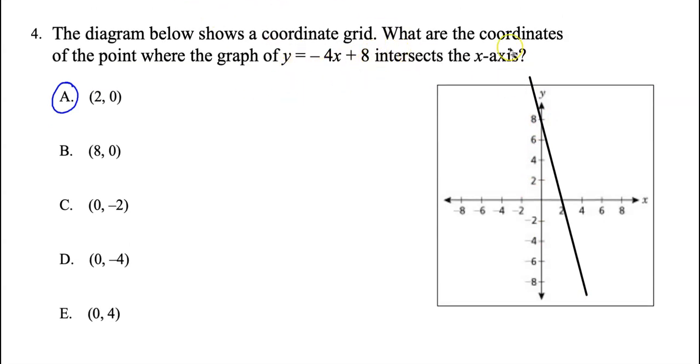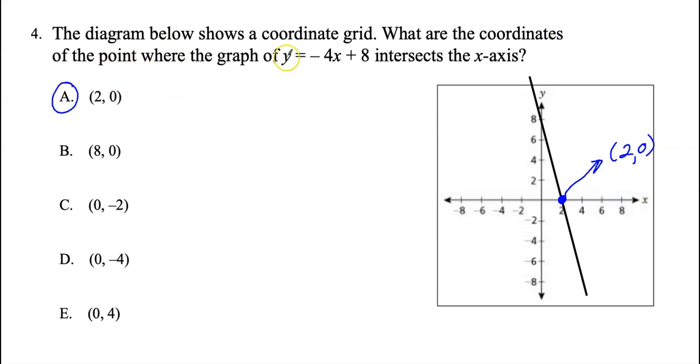So if you were to graph this, it would look like this, and you would notice that it would be a straight line, and the line would intersect the x-axis right here at 2, 0. That's really what this question is asking.